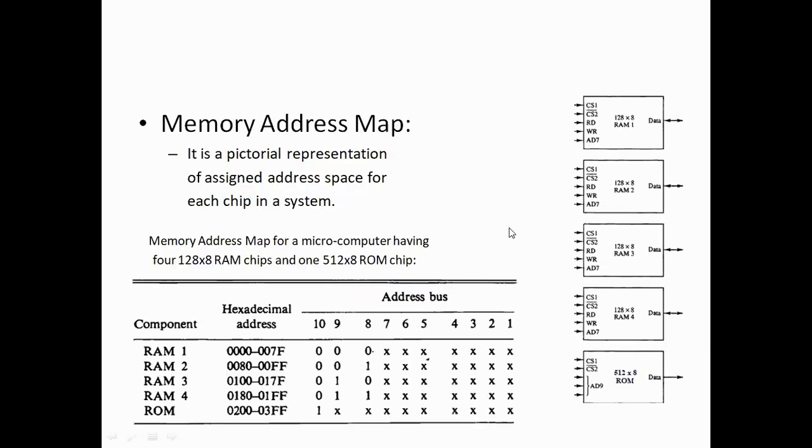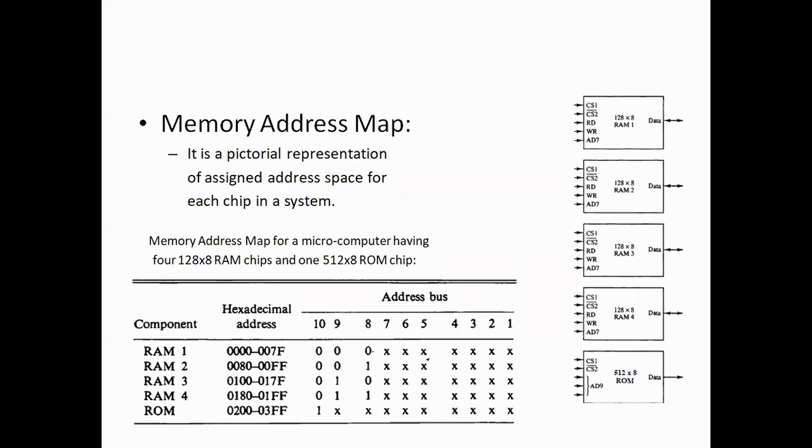Now, there is another thing that we call the memory address map. What is that? The memory address map is a pictorial representation of the assigned address space for each chip in a system. Meaning that in a pictorial form or in a tabular form, we write what the address space of each chip is.